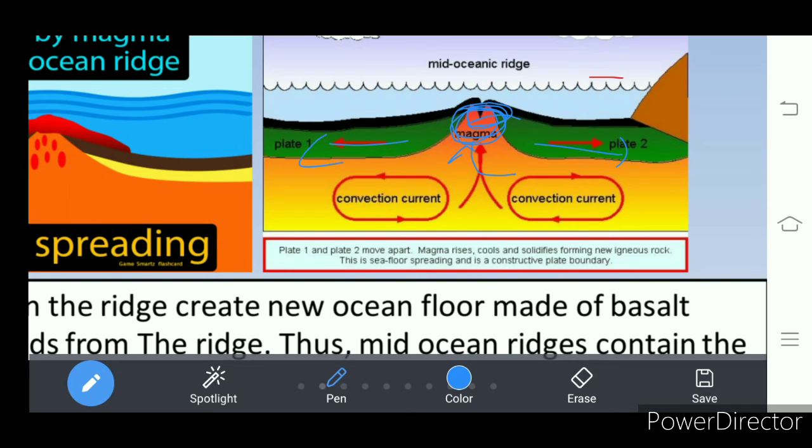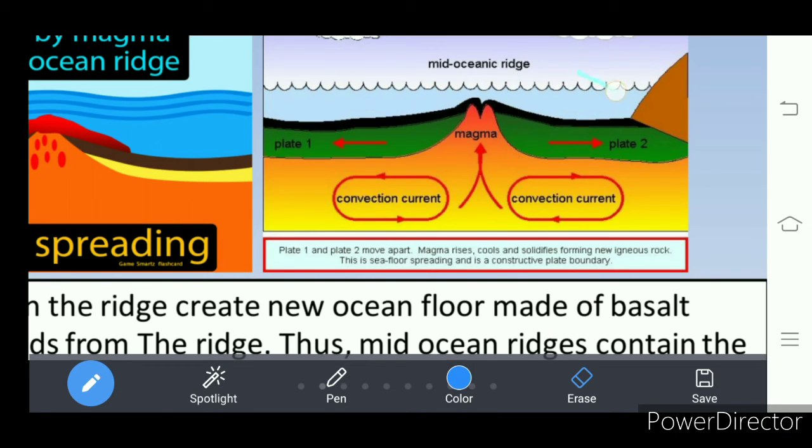When the liquid material turns to solid form, it pushes the crust to enlarge. So new crust is formed at mid-ocean ridges. That is what we call sea floor spreading.